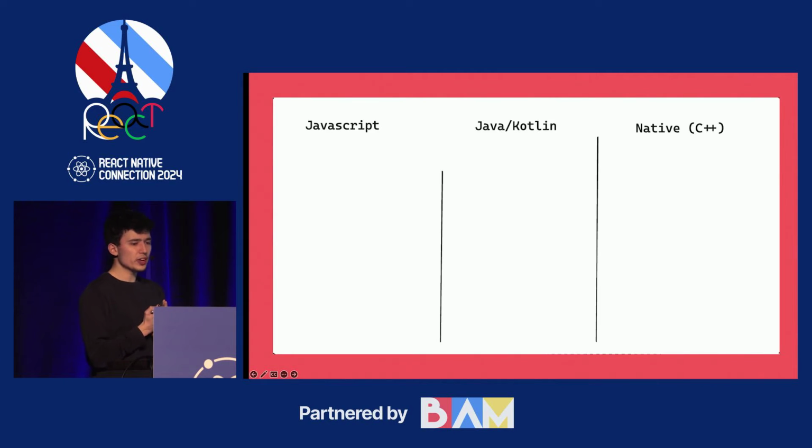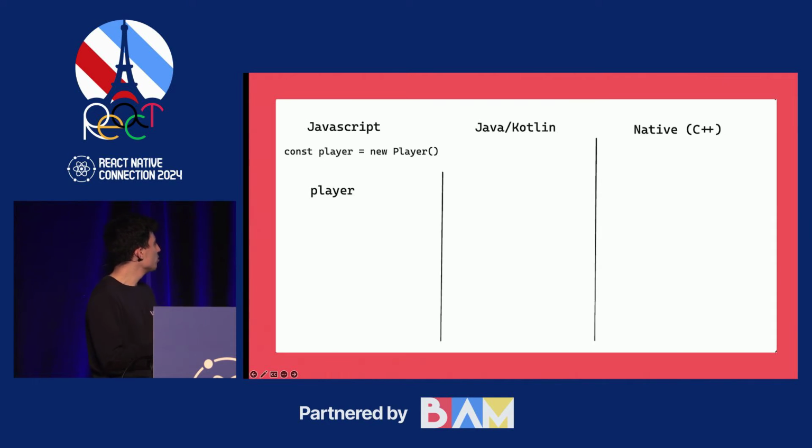Imagine you're creating a player. I work for TF1, so we have a lot of players. On the JavaScript side, it will create a player variable, okay? But maybe our player is Android code because we use the Android player.